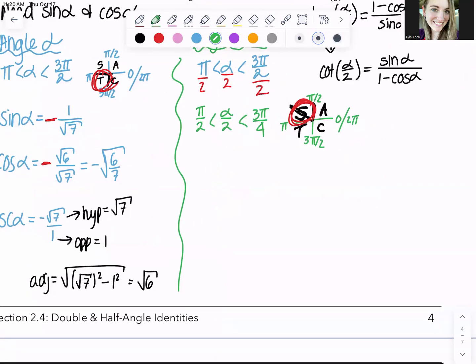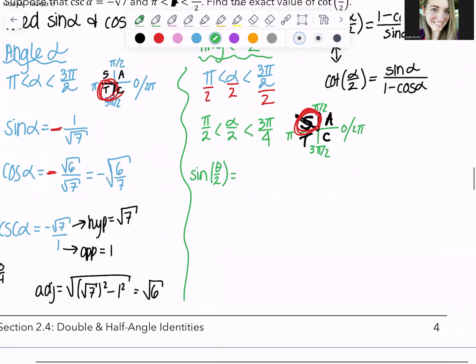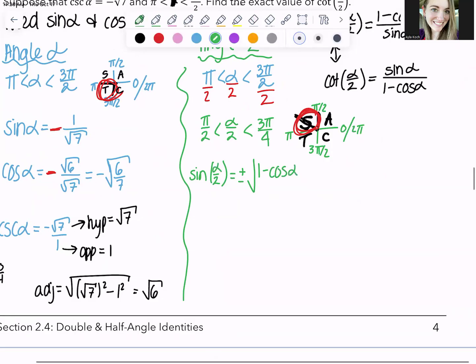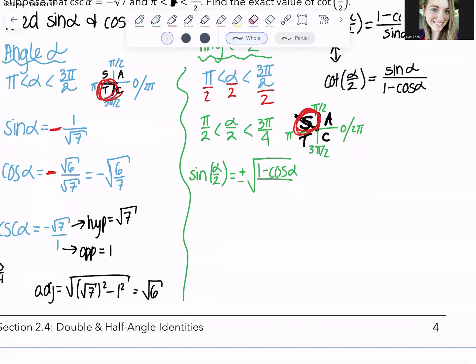So when I go to set this up, sine of alpha over 2. I'll write the formula. Doesn't hurt to write the formula. And I keep on writing theta instead of alpha. Oops, did I tell you I was sick?